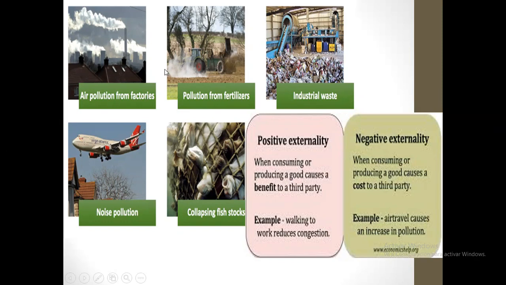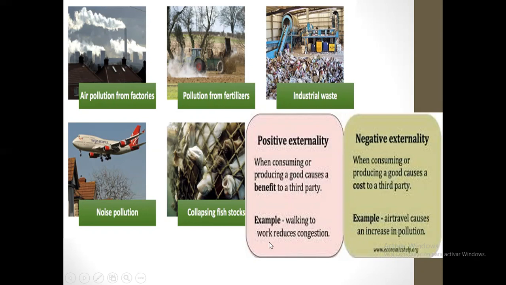Now over here, there are other examples of negative externality: air pollution, noise pollution, industrial waste, a lot of waste that they don't know what to do with, all this garbage o material que no se usa. So as there are negative externalities, there are also positive externalities. This is the meaning: when consuming or producing a good causes a benefit to a third party.